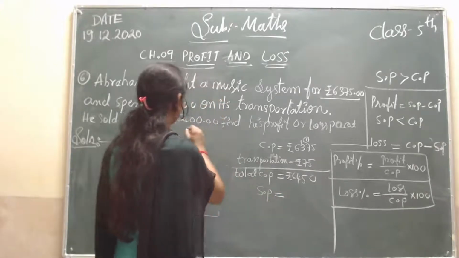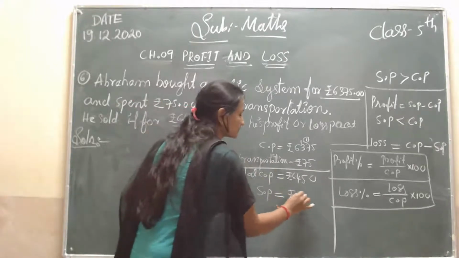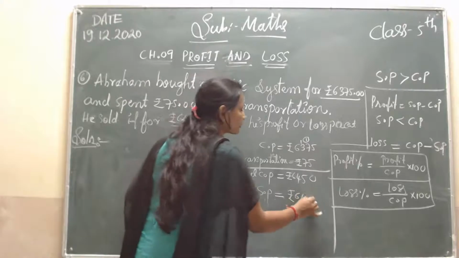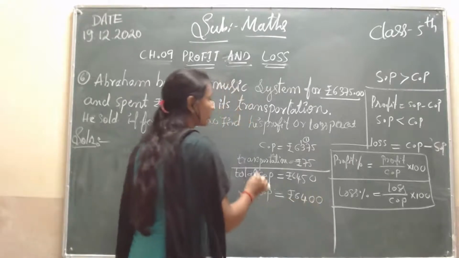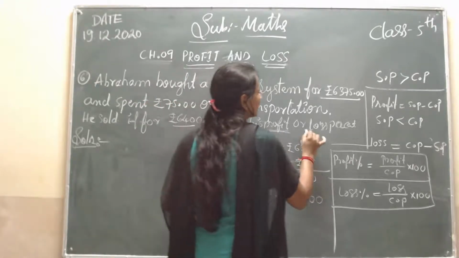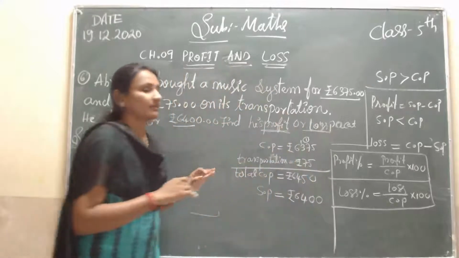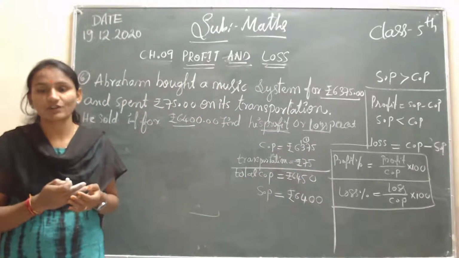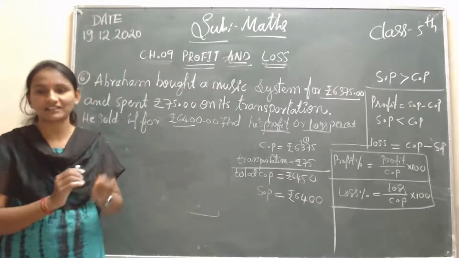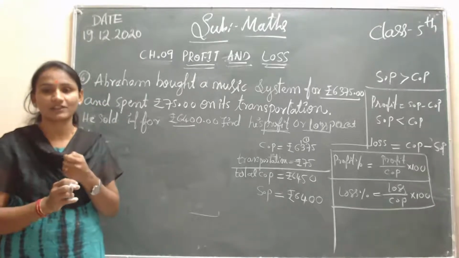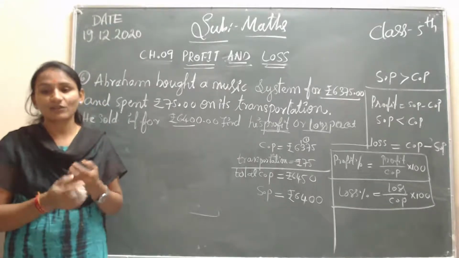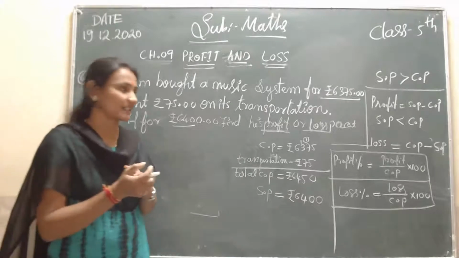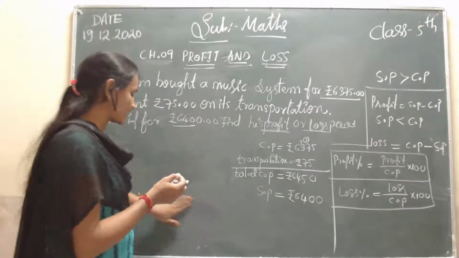SP means 6,400 rupees. So you have to calculate the profit or loss. First you have to find the profit or loss, afterwards you have to calculate the percentage.